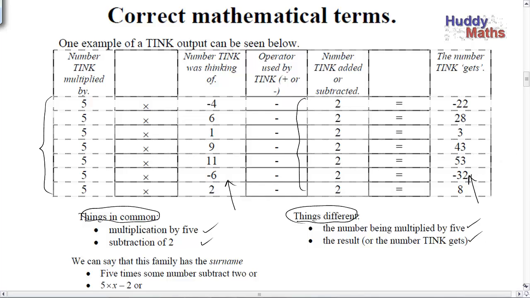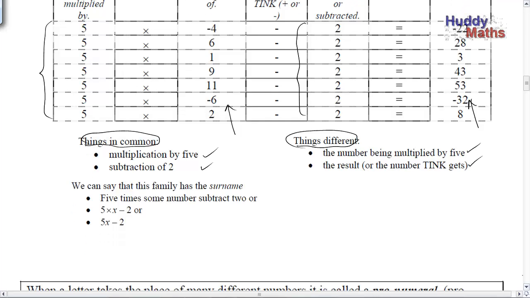Different first names there. Okay, so here we are. The surname is 5 times some number, subtract 2. So I was calling it times by 5, take 2. And we could call it, using x here, 5 times a variable number, because as Tink thought of a different number, x changed, and take 2.